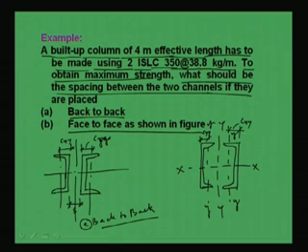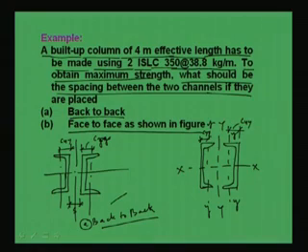Okay. So, now we have to find out what is the strength of the system if the channels are placed back to back, and what is the strength of the same members if they are placed face to face with some spacing. Now, here spacing means this one, clear distance between two channels, right.